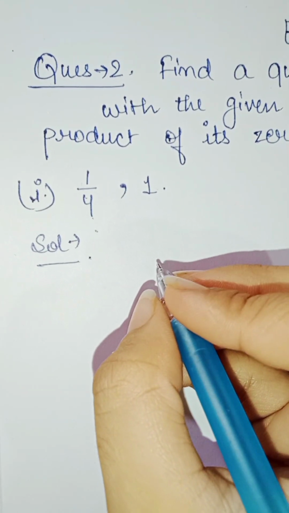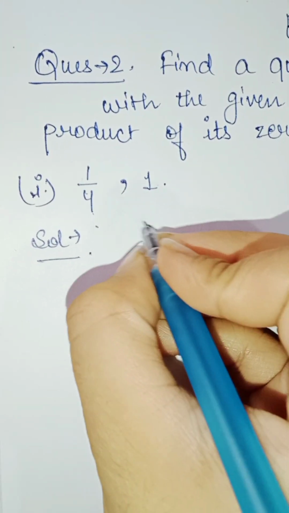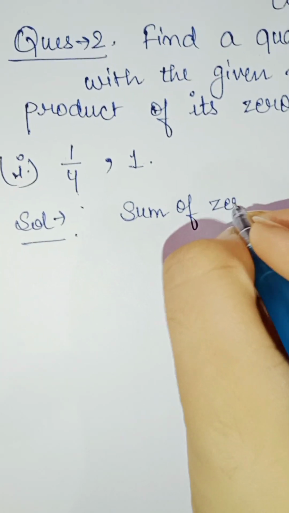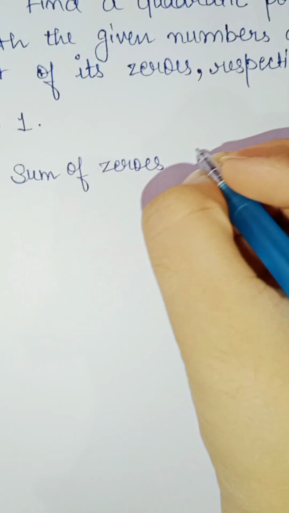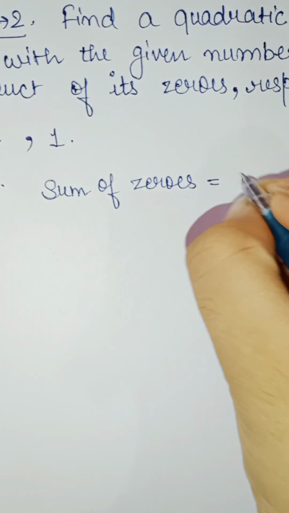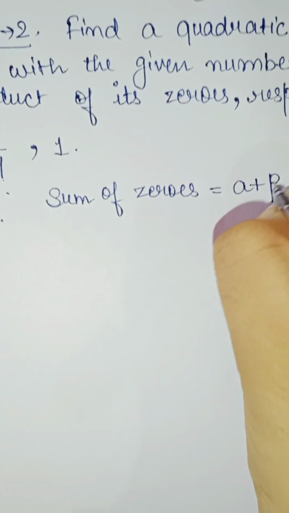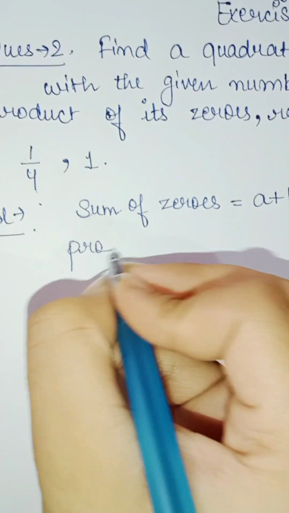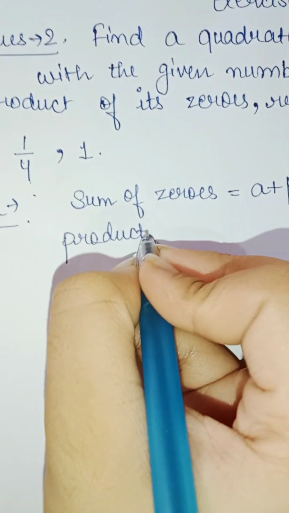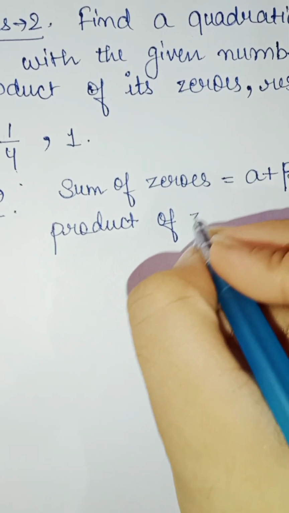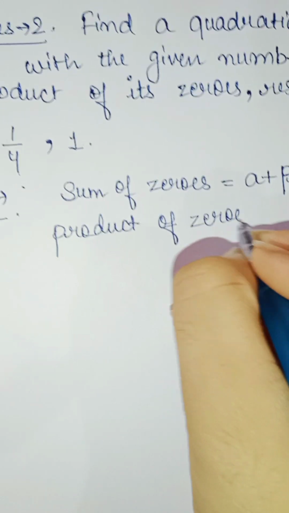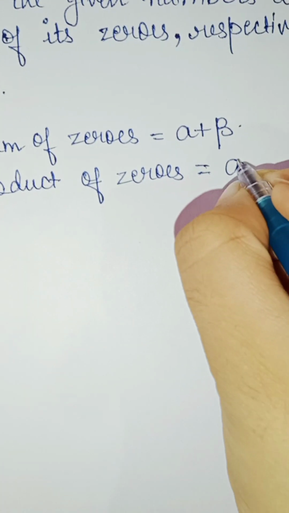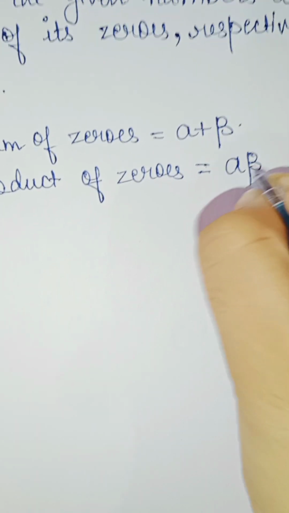As we know the formulas of sum and product of zeros, the sum of zeros is equal to alpha plus beta, and the product of zeros is equal to alpha into beta.